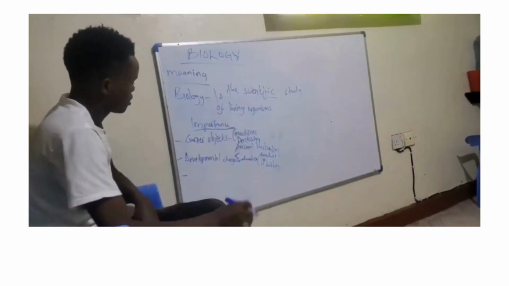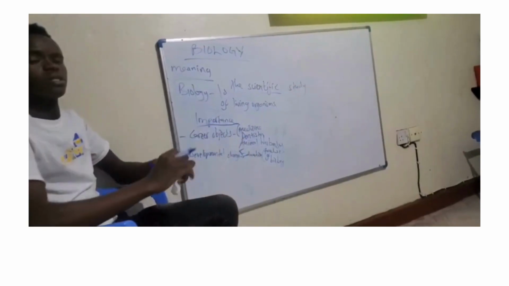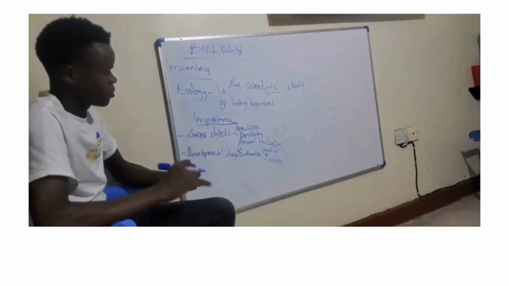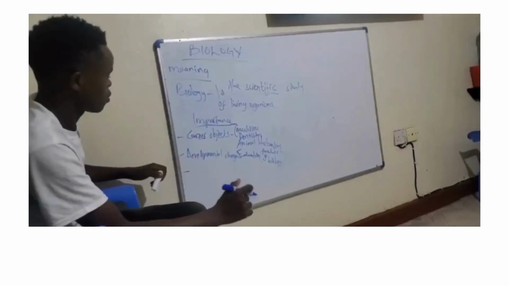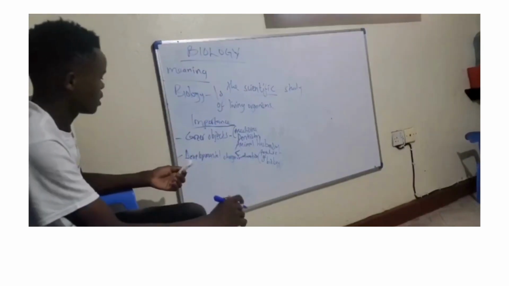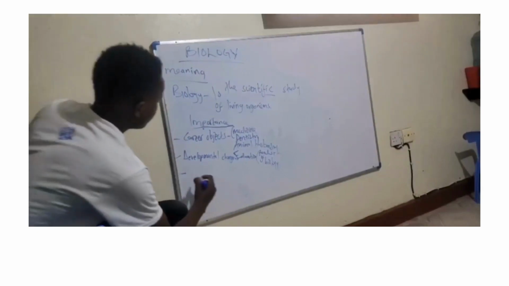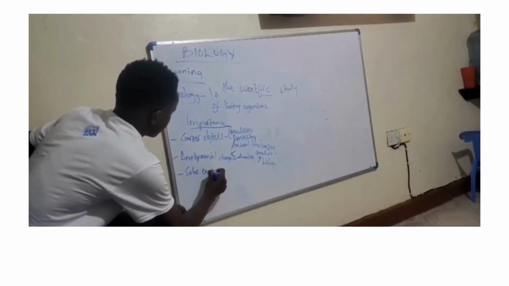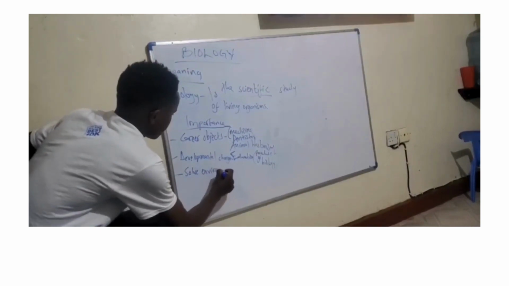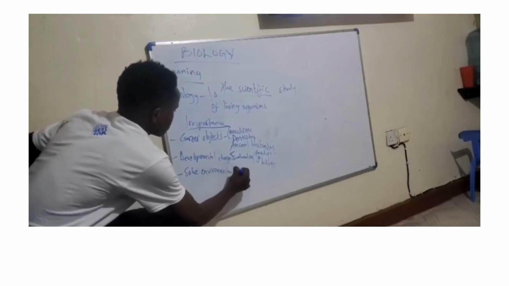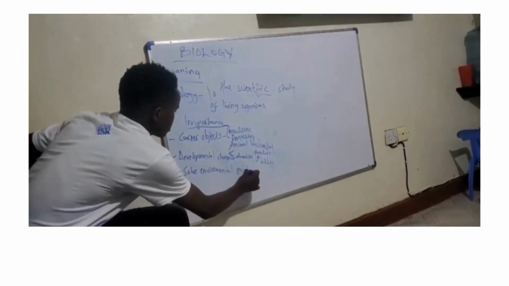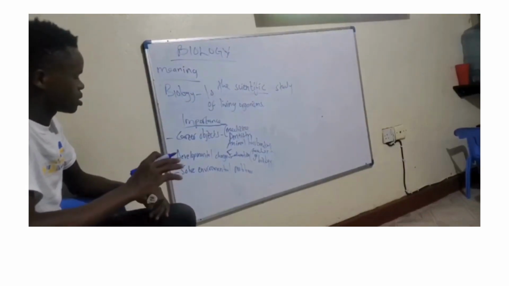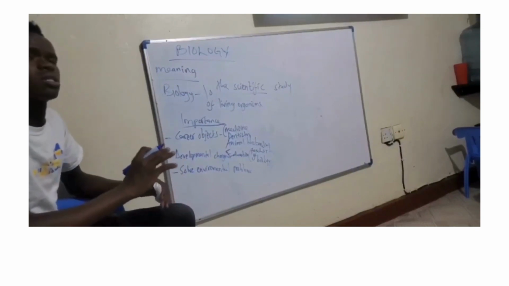The third importance of studying biology, now this concerns the whole world. Through biology we are able to solve environmental problems. What am I talking about? When we talk about environmental problems, I want you to think about problems like food shortage.